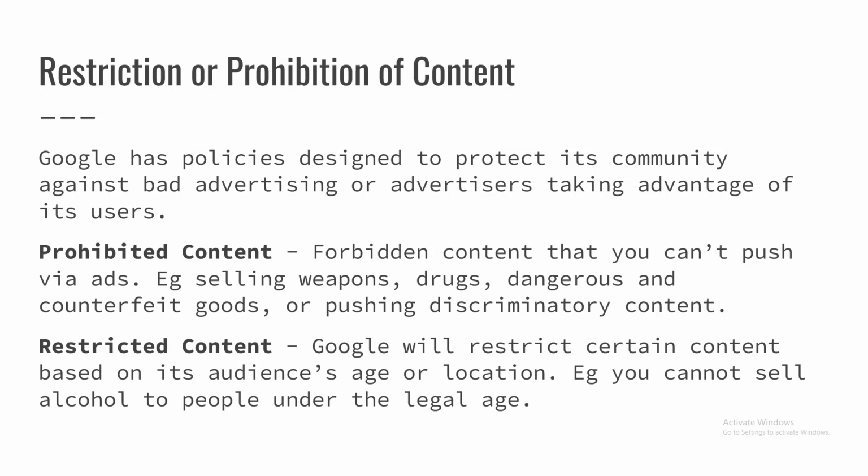And these are aspects where Google is trying to protect their community from bad advertising. So Google may prohibit your content if you're selling counterfeit goods, or dangerous goods. For example, if you're selling drugs or weapons, something that may harm people, or you're showing dishonesty or inappropriate content such as race discrimination, Google is not going to show you your content.